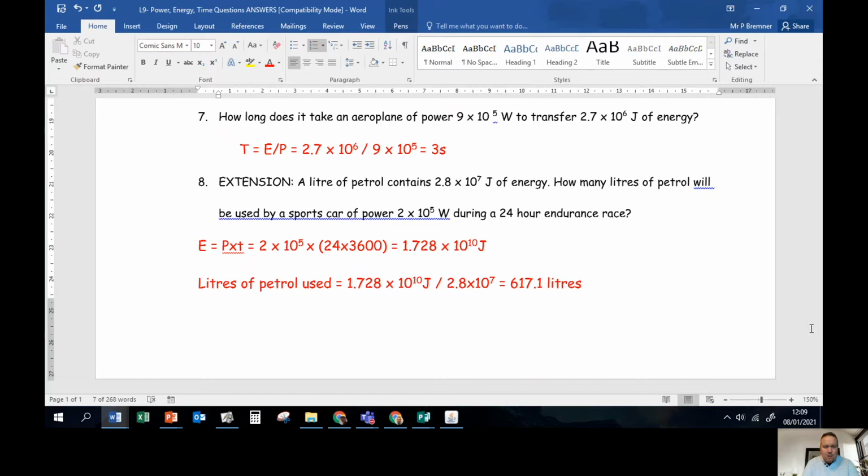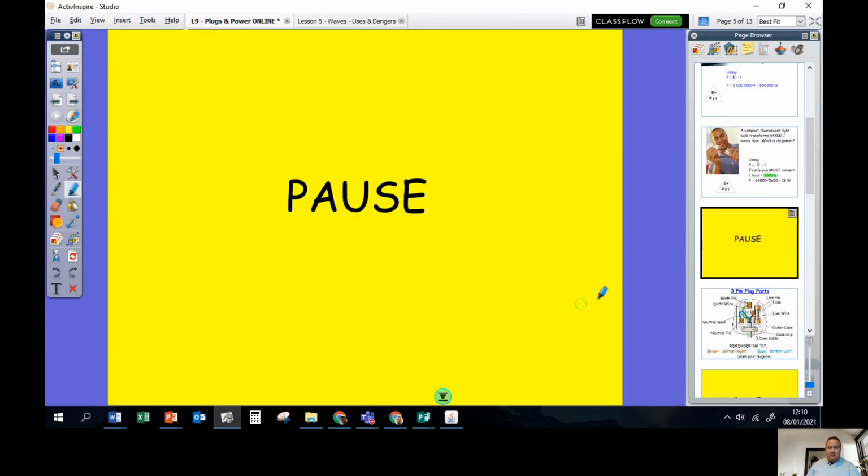It told you the energy in 1 litre. So divide the total energy that you used by the energy in 1 litre. And to 1 decimal place, that comes out to 617.1 litres. So make sure that you have marked and corrected any of those before you submit that worksheet back to me. Right, let's get on with the next stage of the lesson.